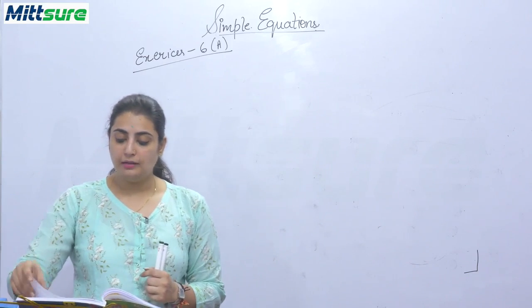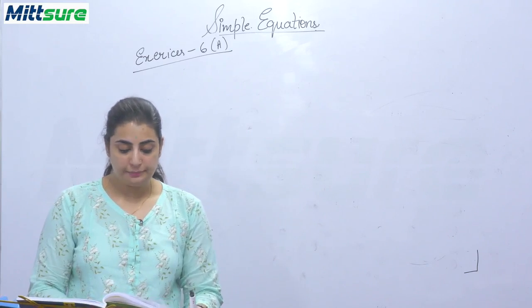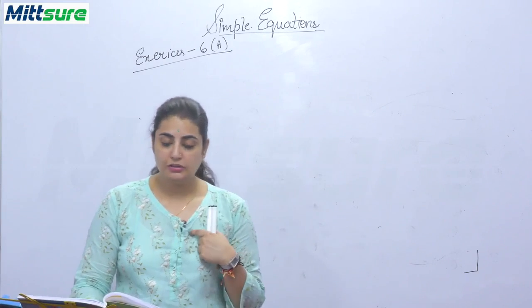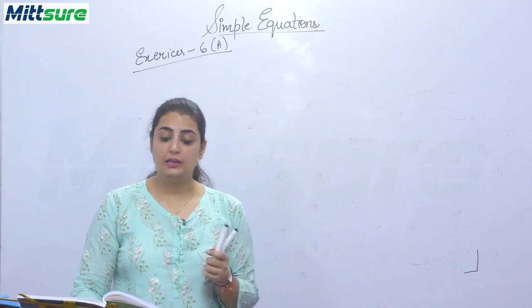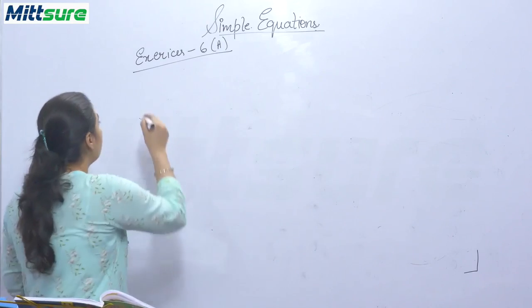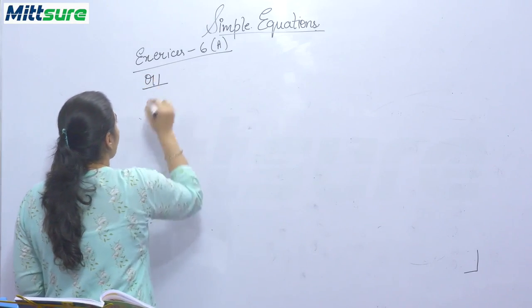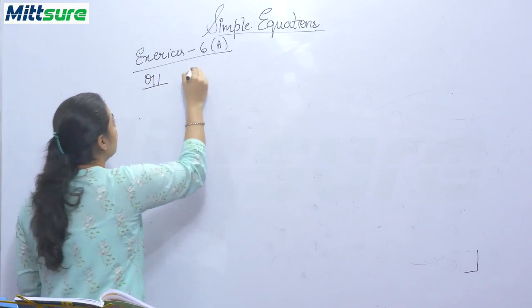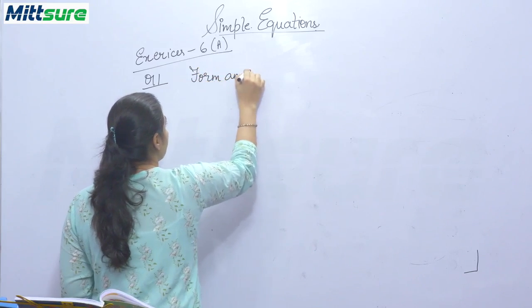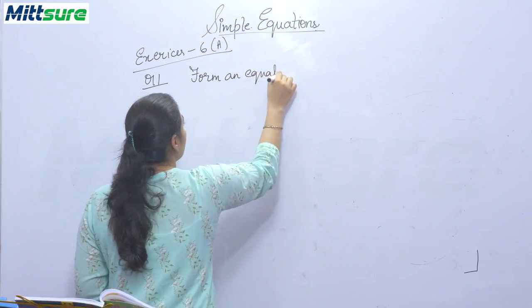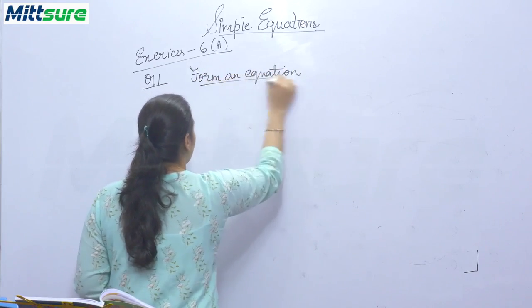So now, talking about the same, we will first learn how to write an equation for the given statements. Question number 1 says that a statement is given to you and you have to form an equation.